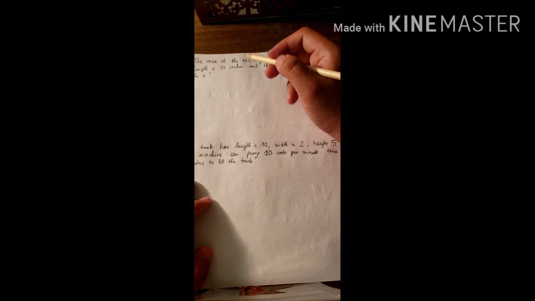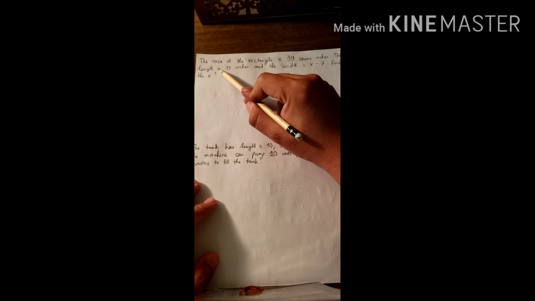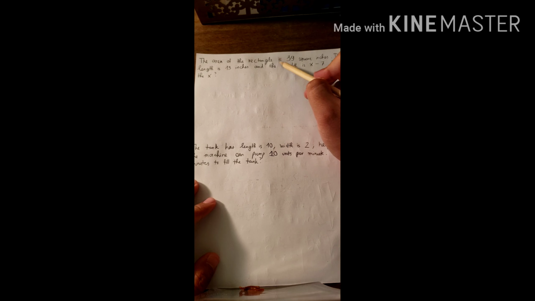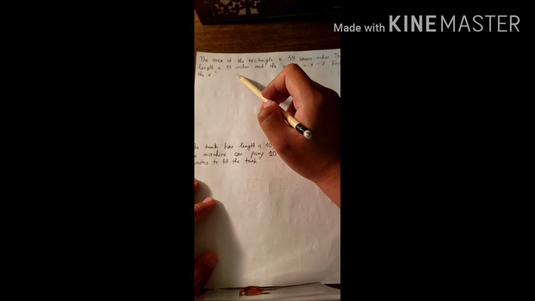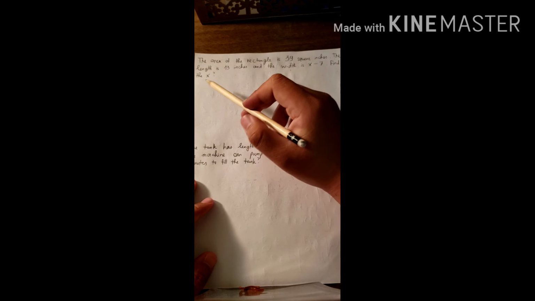The next one is about complex geometry. The area of the rectangle is 39 square inches. The length is 13 inches and the width is s minus 7. Find s.